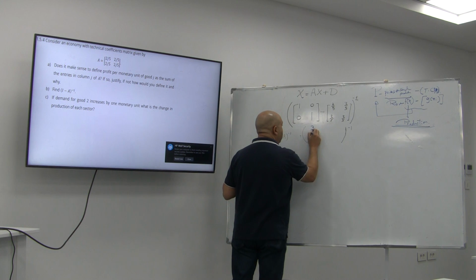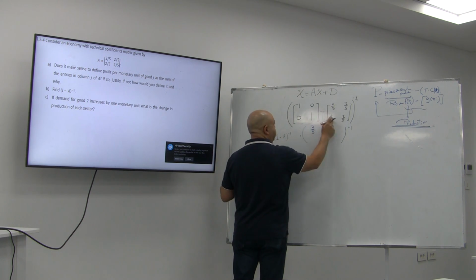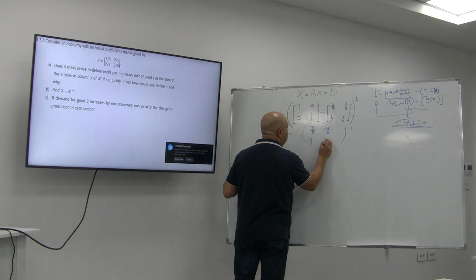So it's 3 over 5. 0 minus 2 over 5 is going to be negative 2 over 5. Again 0 minus 2 over 5 is negative 2 over 5, and the last one is 3 over 5. Perfect.